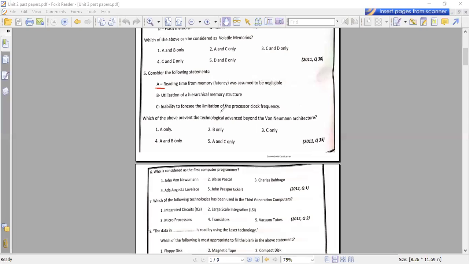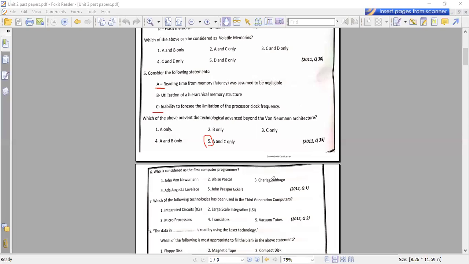Inability to foresee the limitation of processor clock frequency. Processor එකේ frequency එක. That means the speed එක limitation එකක් අපිට ඒක කියන්න මෙච්චරයි කියලා limit කරන්න බෑ. Right? So we can take A and C, that is fifth answer you can take. Then we'll go to sixth one.